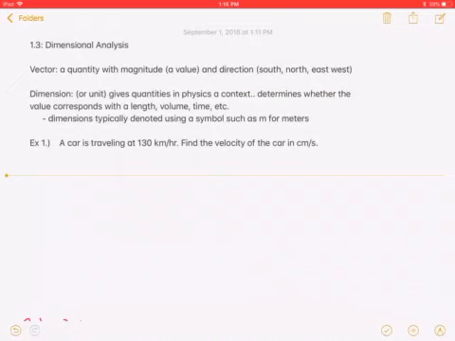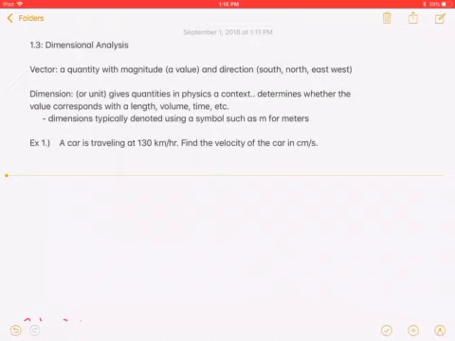Before we get to dimension, a scalar is just a quantity with magnitude, meaning a value. It doesn't have direction, such as time. So time technically only moves in one direction that we know of or can observe right now. So we suggest that's a scalar quantity, meaning it doesn't have direction and only has a magnitude.